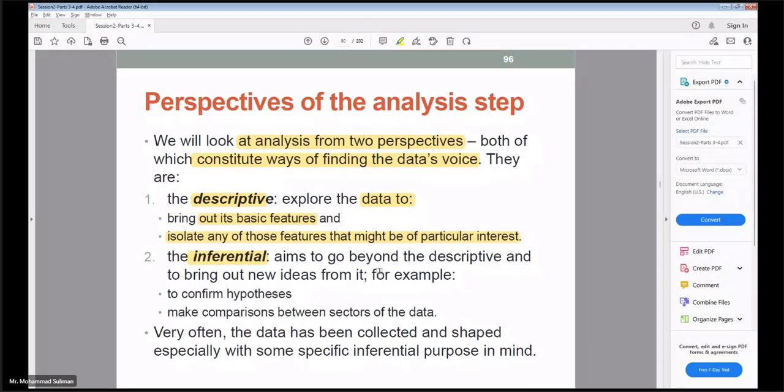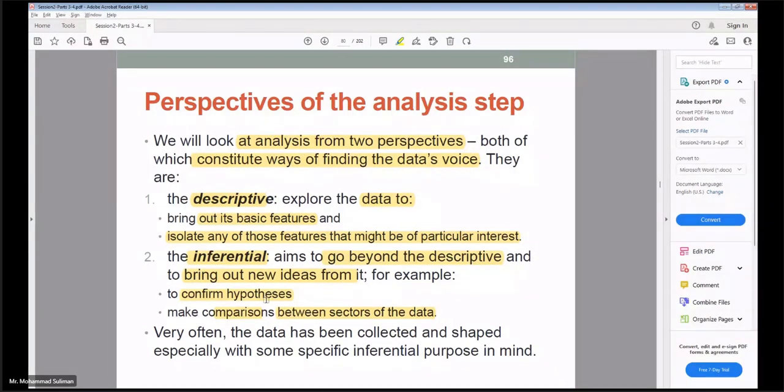The second thing here is the inferential, which aims to go beyond the descriptive and to bring out new ideas from it, such as to confirm some hypotheses that we make, and to make comparisons between sectors of the data. To confirm a hypothesis, let's say that we hypothesize that due to the month of Ramadan, there will be an increase in the sales of milk products.